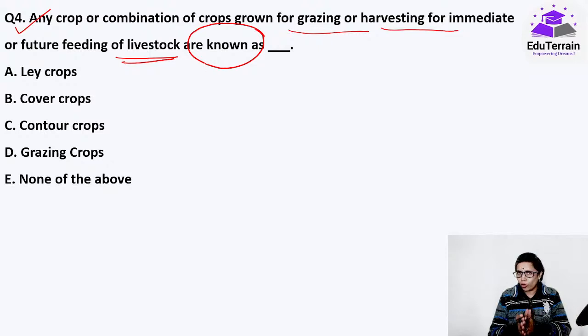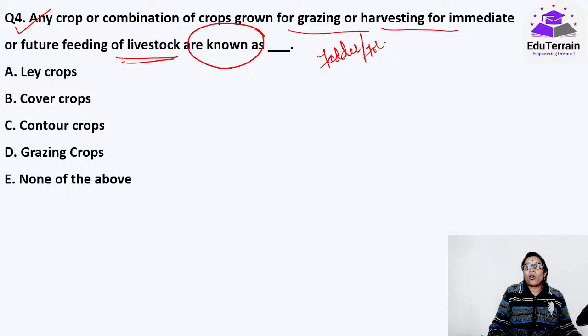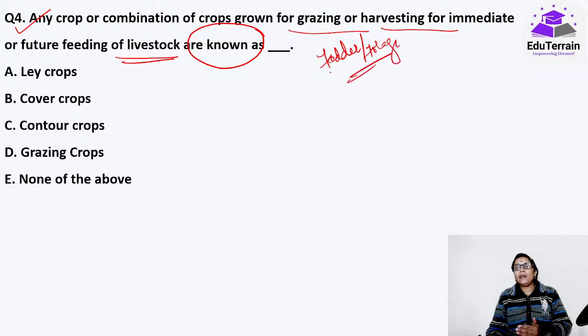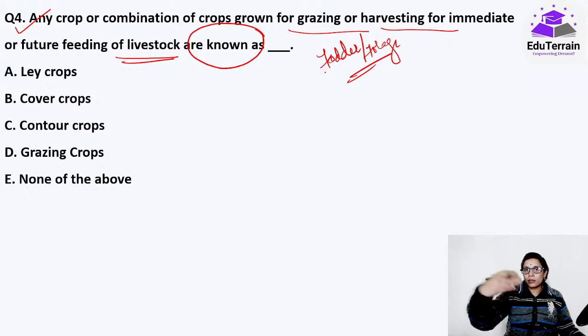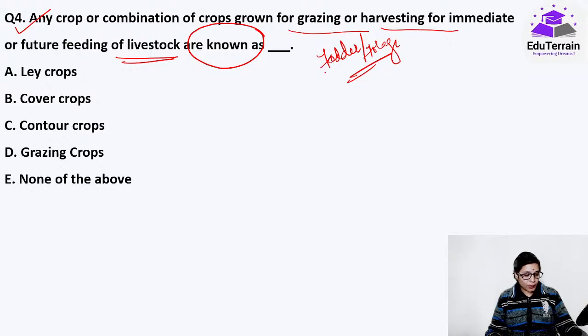Generally it's a form of crop rotation only. Okay, but a specific term is given because in that rotation we are trying to incorporate such a crop which is used as a fodder or a forage crop, whether directly pastured or it can be cut and stored for a next season or something.